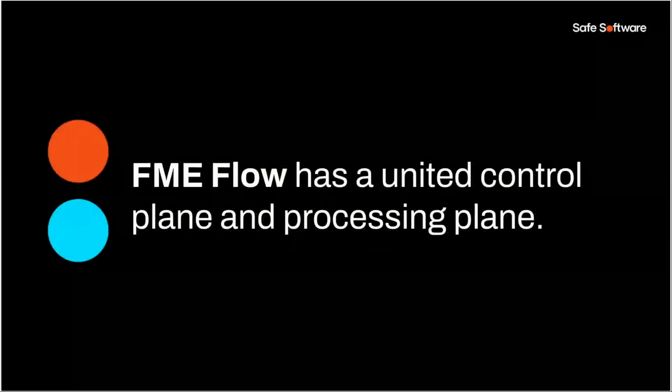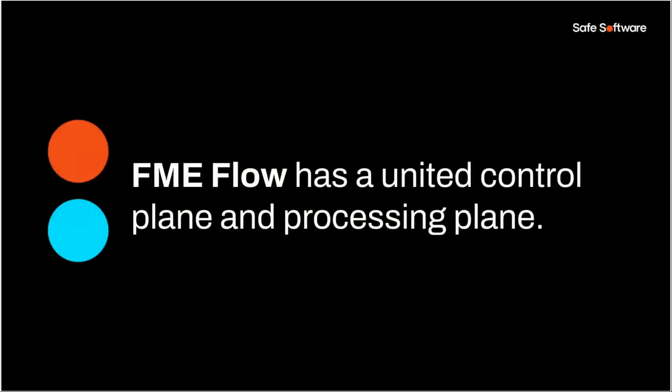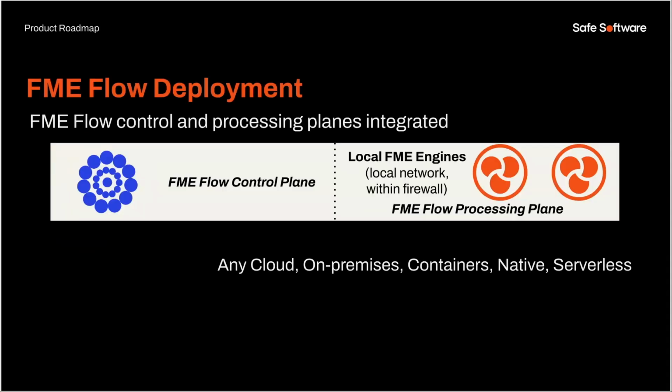FME Flow traditionally has had a united control plane and processing plane. What this means is that when you installed FME Flow, you were inside one data center, inside one on-premises location, and that's what it was really built for.